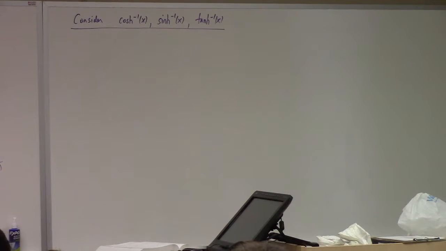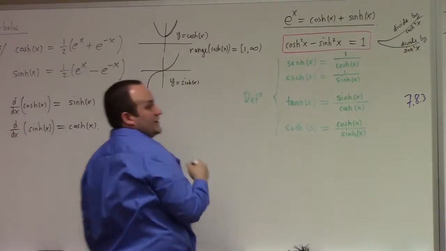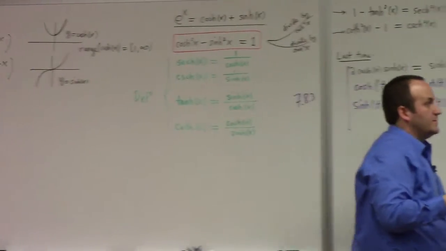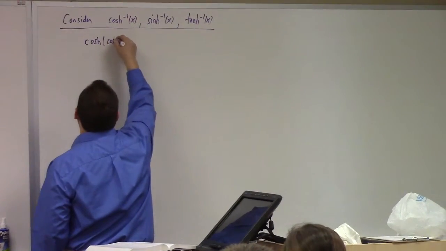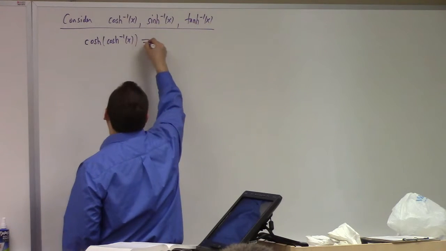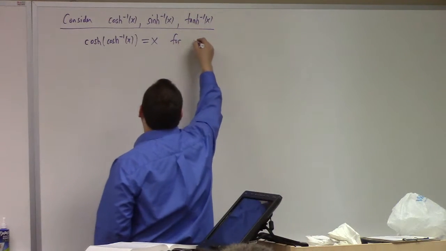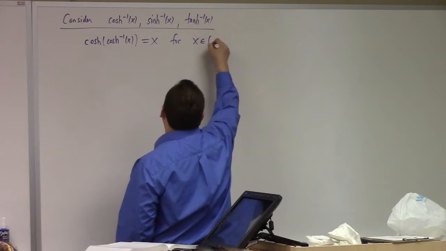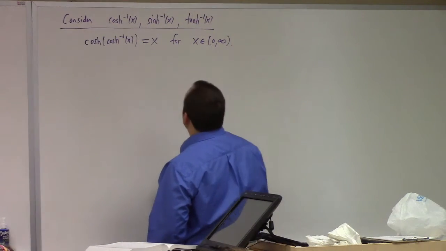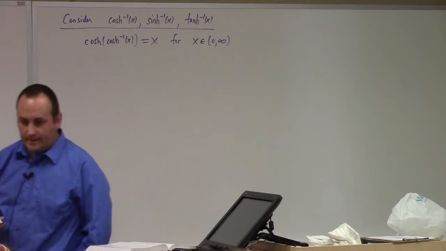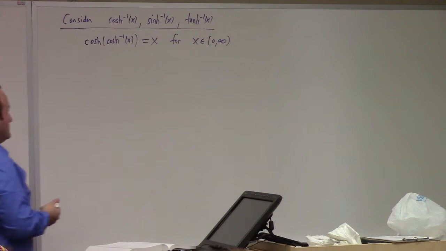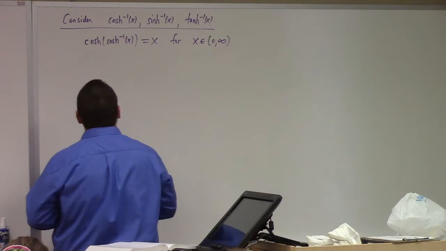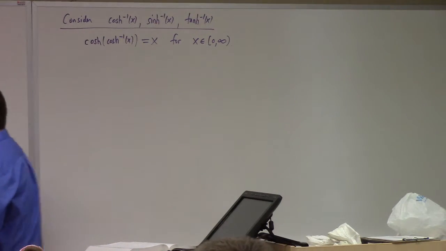So the inverse hyperbolic cosine is actually the inverse for the positive part of the hyperbolic cosine. So in particular, cosh of cosh inverse of x is only going to equal x again for x an element of 0 to infinity.